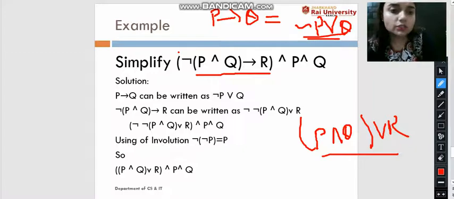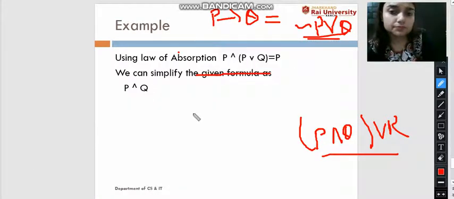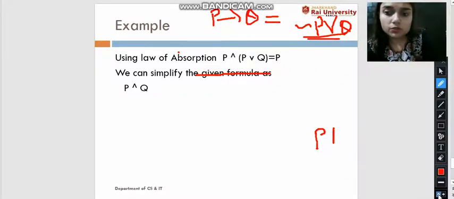Next we will apply the law of absorption.